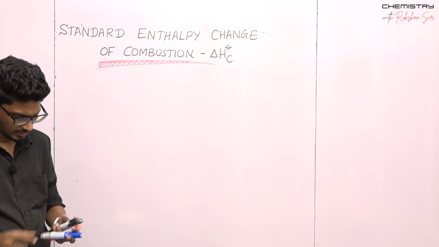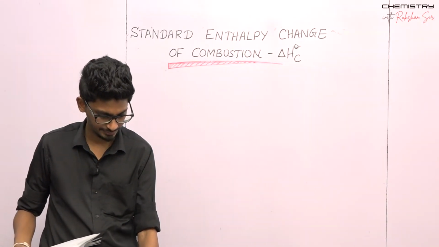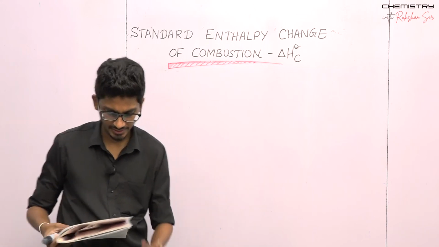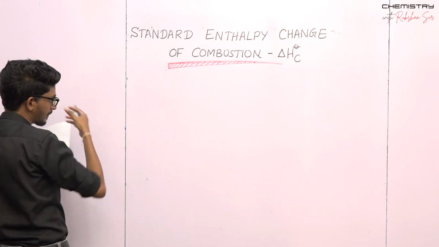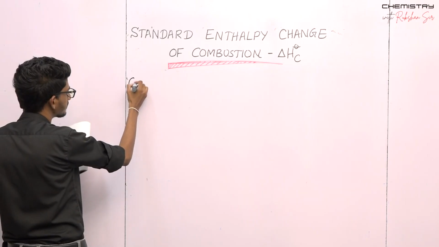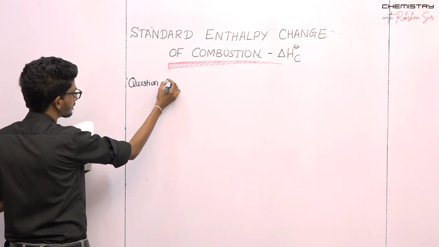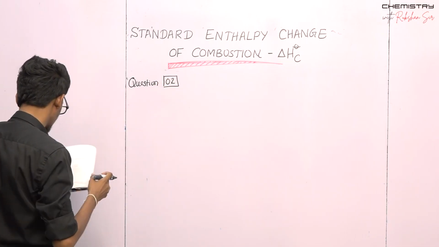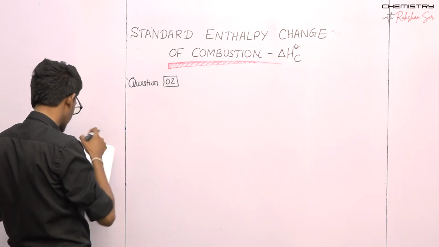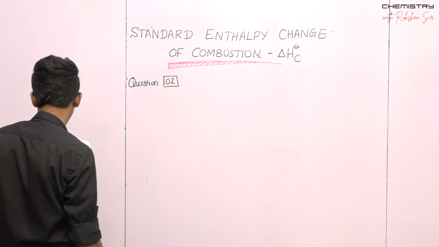Right, just do the question while I am writing the data here. Data provided is question number 2 at page 22, right? See what they are saying. So some data are provided, and what was the goal? The goal was to find the enthalpy change of formation of sulfuric acid, right?